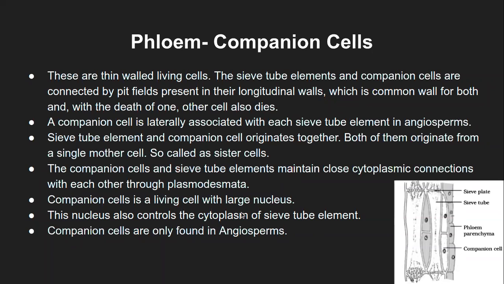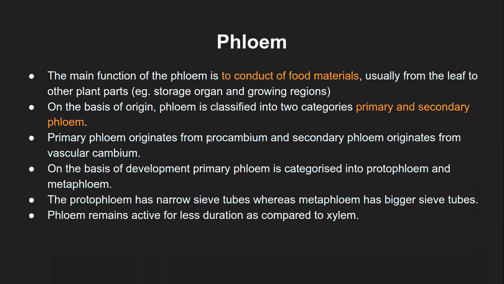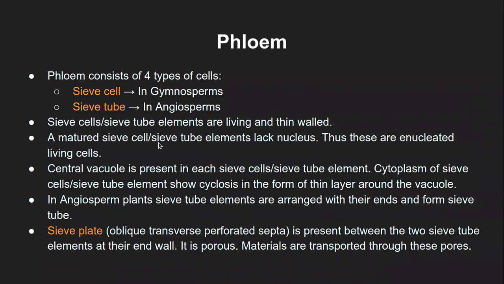Companion cell is a living cell with a large nucleus, and on the contrary, like we had seen, the sieve tube elements lack a nucleus. You remember I spoke about the unequal division arising from a single cell.